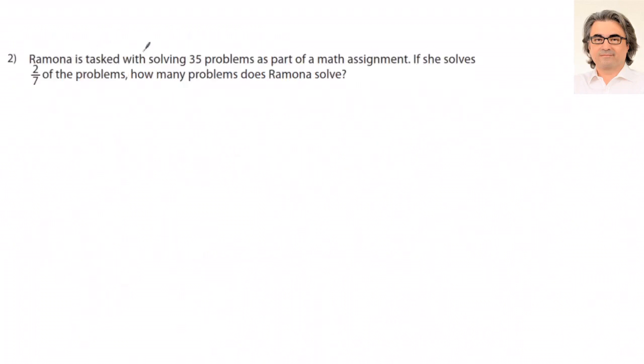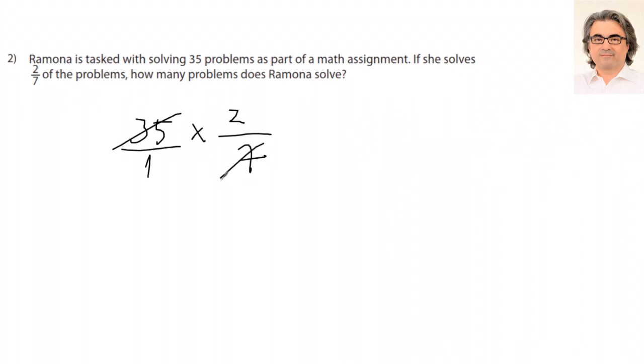Ramona is tasked with solving 35 problems. So she should solve 35 problems as part of a math assignment. If she solves 2/7 of the problems, how many problems does Ramona solve? I should find 2/7 of 35 problems. It means multiply 35 with 2/7. 35 over 1, and there is simplification between 35 and 7.